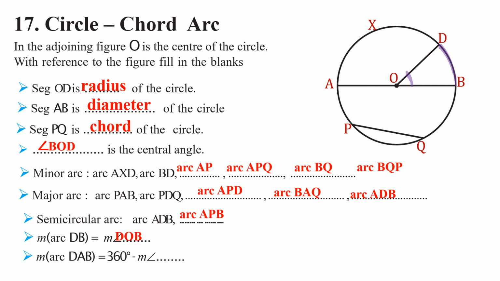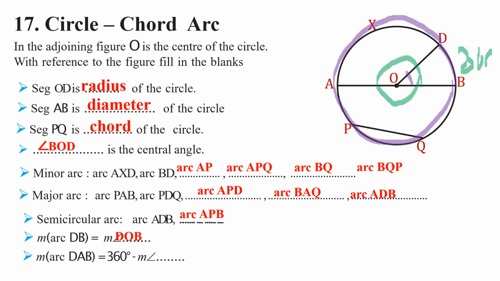Now measure arc DAB. Which arc is DAB? DAB means this complete arc, means the complete circle. The measure of the circle is 360 degrees.